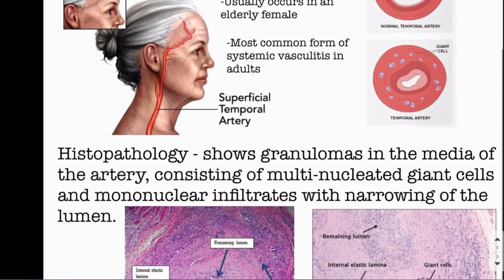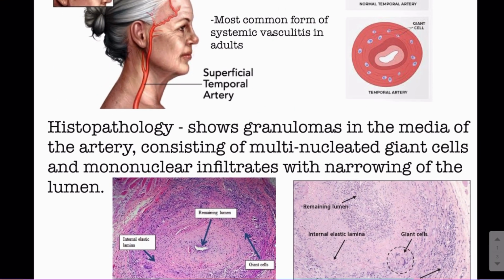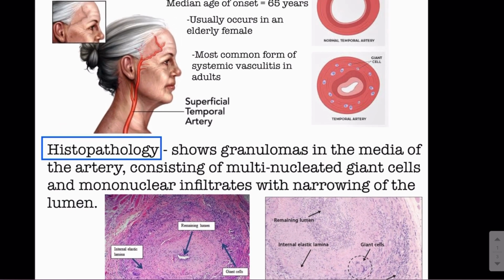If we look at the histopathology of the disease, we see granulomatous inflammation in the media. So it shows granulomas in the media of the artery consisting of multinucleated giant cells and mononuclear infiltrates with narrowing of the lumen.